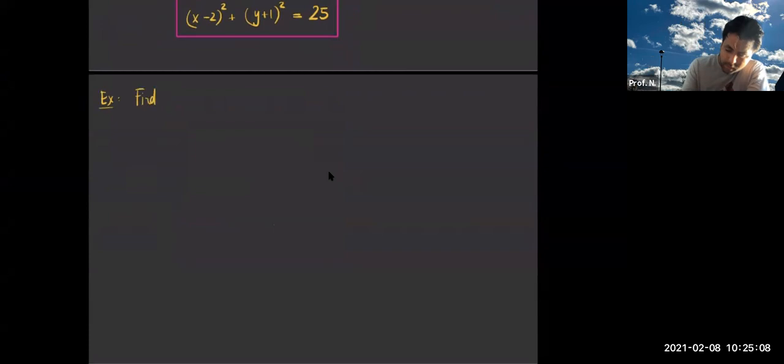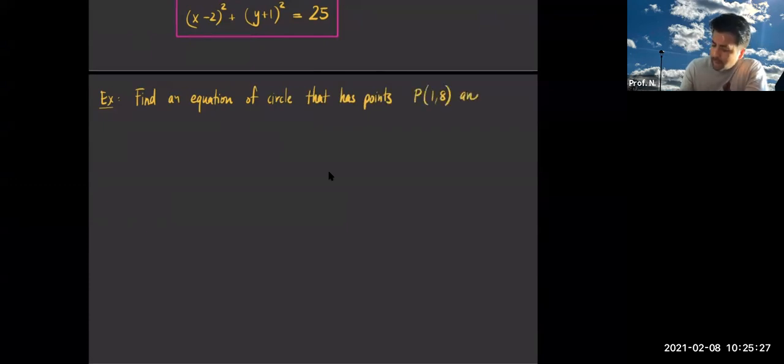Find an equation of a circle that has points P 1 comma 8 and Q 5 comma negative 6 as the endpoints of the diameter.